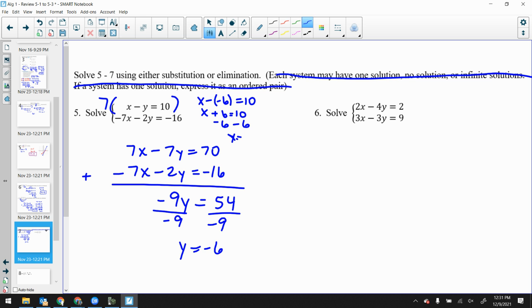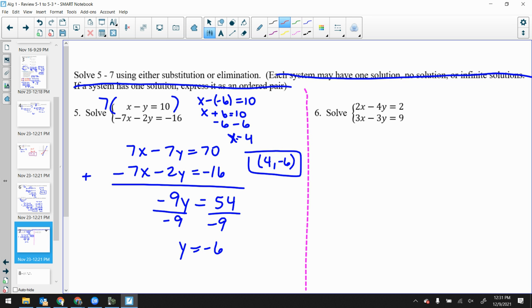So x is 4. 4 comma negative 6. What questions do we have on that one? Could we have done substitution? Of course. But again, it wouldn't have lent itself to it. It's better to do elimination in this case.